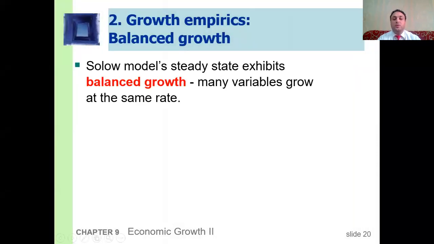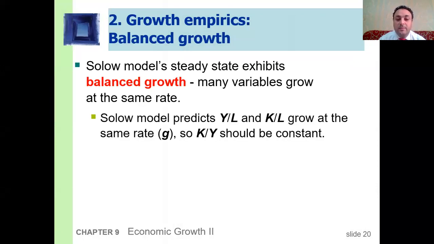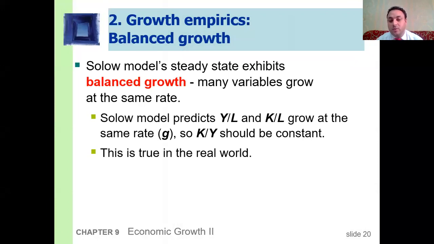Now, the Solow model's steady state exhibits balanced growth. When we talk about the growth empirics, the Solow model steady state exhibits balanced growth as many variables grow at the same time. The Solow model predicts that output per worker and capital per worker grow at the same rate, which is g, the labor-augmenting technological growth.